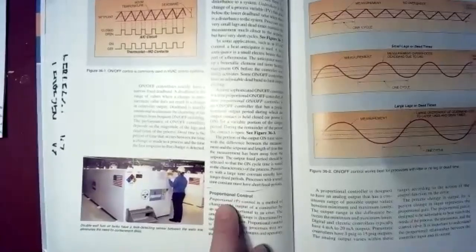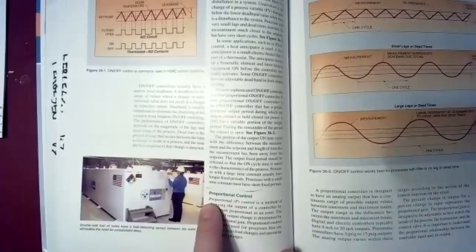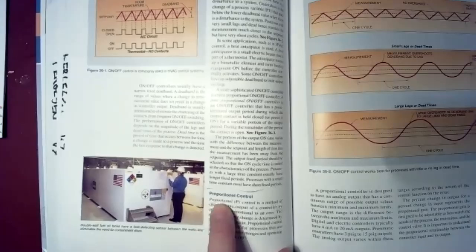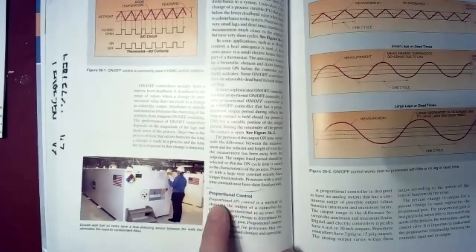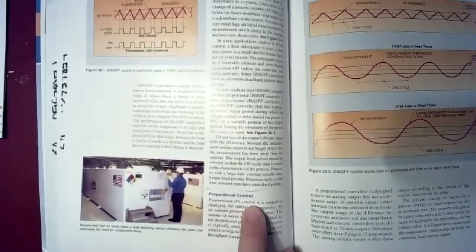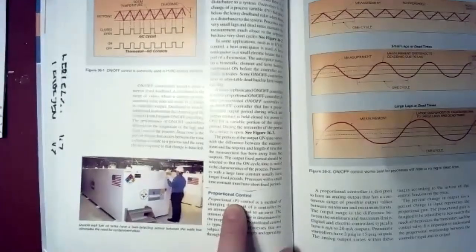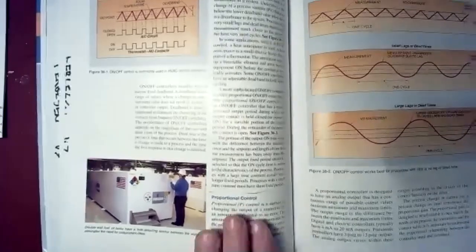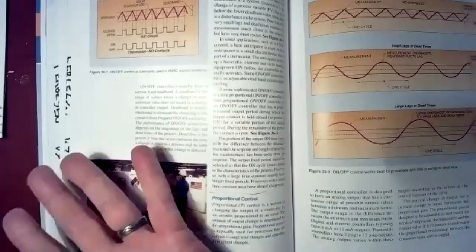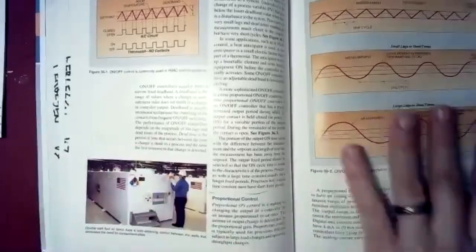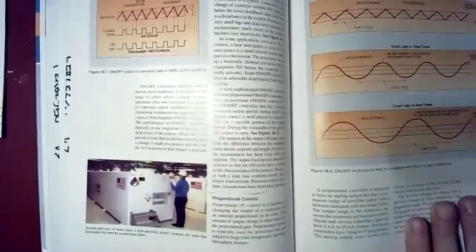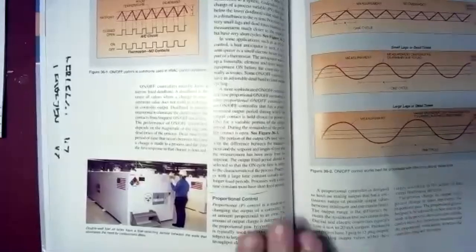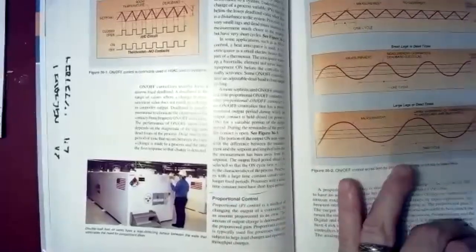The more my error changes, the difference between my set point, my target, and my actual CV, my room temperature for instance, that is proportional control. So the more the difference is, the more I open up my control valve. That's proportional. So in proportion to my error, I can increase my heat. And we talk about how proportional control works.